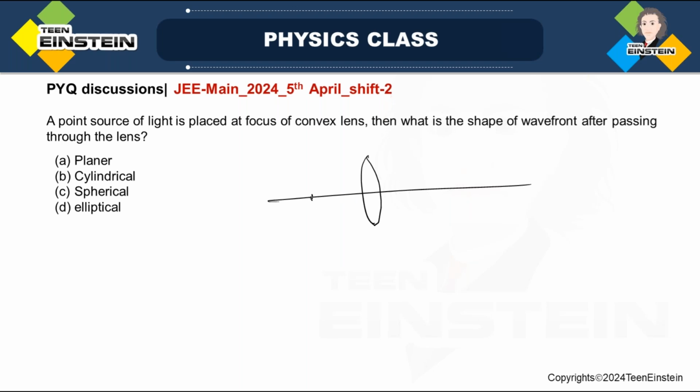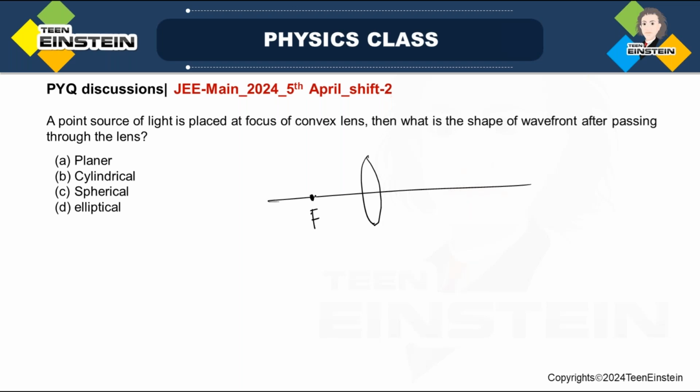Suppose this is the focus. If I keep a point source over here, then what is the shape of the wave front after passing through the lens?